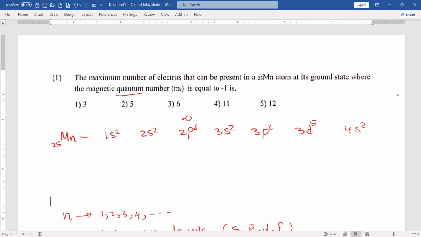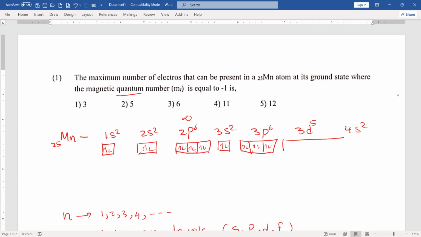Then this is the first main energy level, the S sub-energy level, and it has 2 electrons. One may be in the clockwise direction and the other in the anti-clockwise direction. So we can write it in this way. There are 3 orbitals, each containing 2 electrons, and here another 2 electrons, and here maybe another 6 electrons, like this.